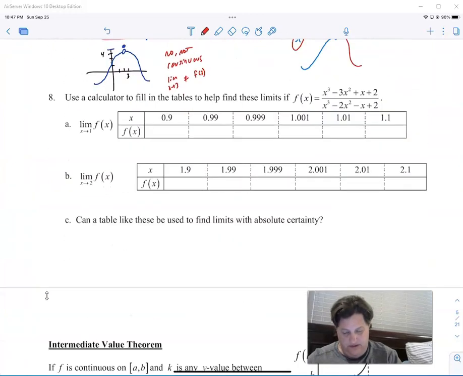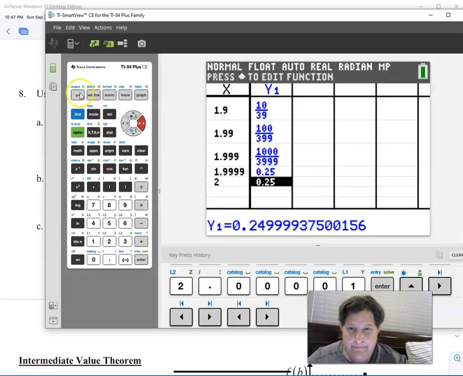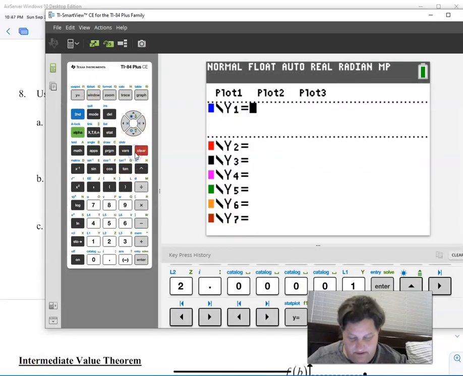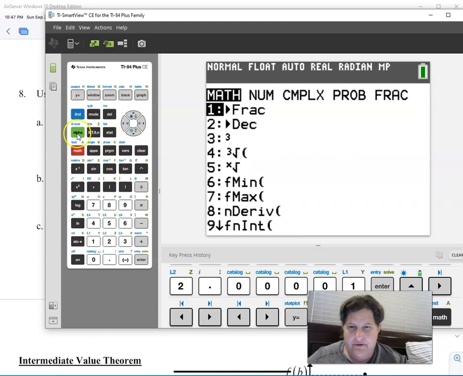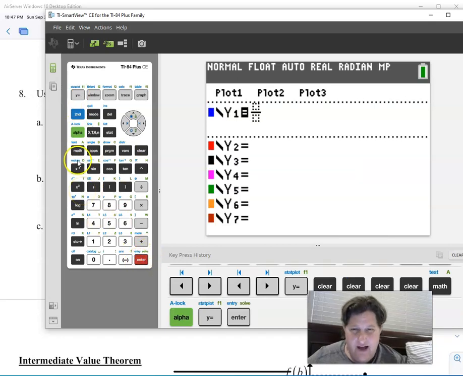Okay. Just got a little bit more here. Use a calculator to fill in the table to help find the limit. All right, perfect. So let me go ahead on my calculator here. Here's my equation. First I'm going to put alpha fraction. And on the top, I'm going to type this in; go with me if you want.